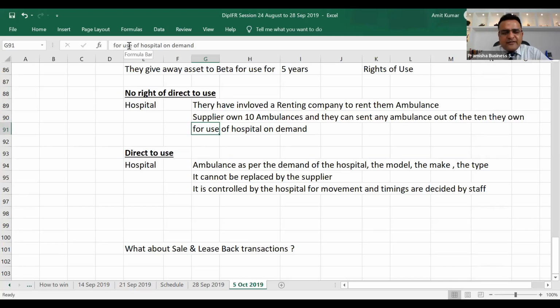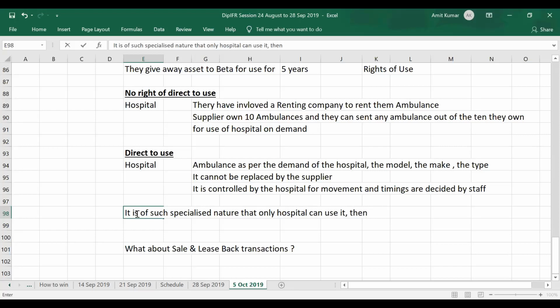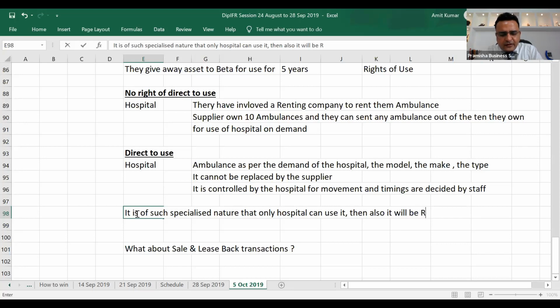Further use in the sense that it is of such a specialized nature that only a hospital can use it. And for the patients only, right? Yeah, then also it will be considered an ROU asset in control of the hospital.